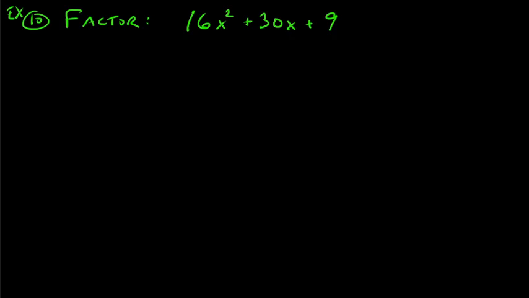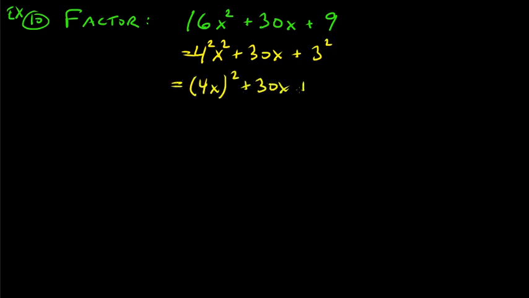All right, try this one. 16x squared plus 30x plus 9. Okay, so you probably recognized 16 as 4 squared. Perfectly fine. And 9 is 3 times 3, so that's 3 squared. So my a should be 4x, and my b should be 3 again.